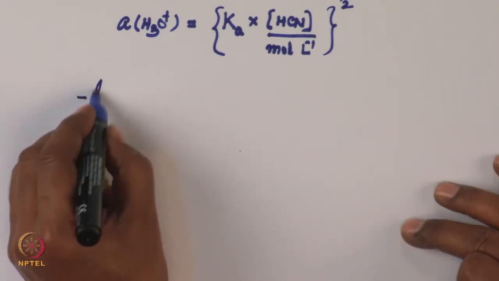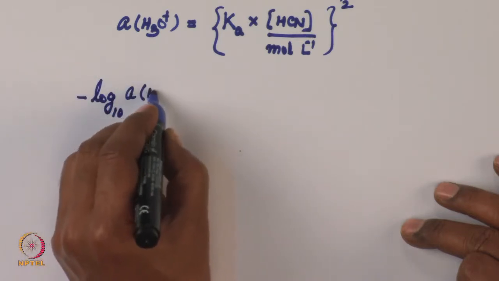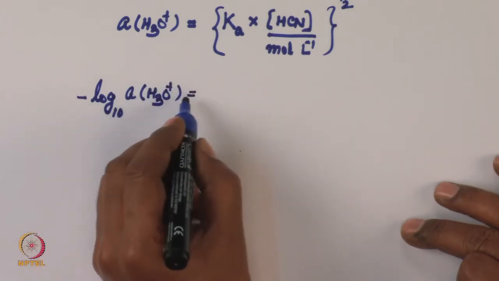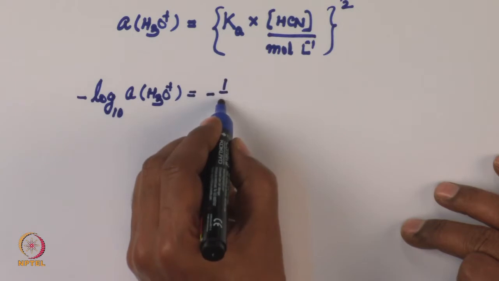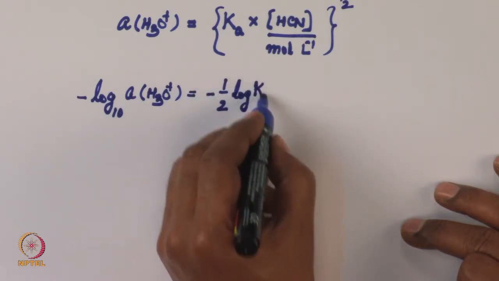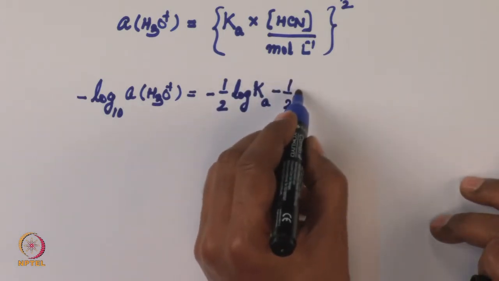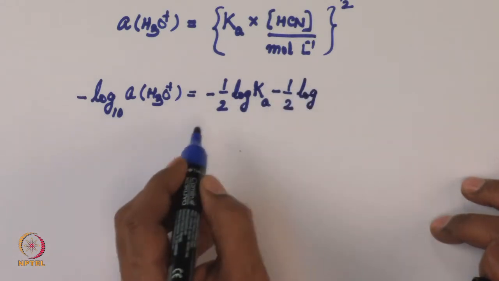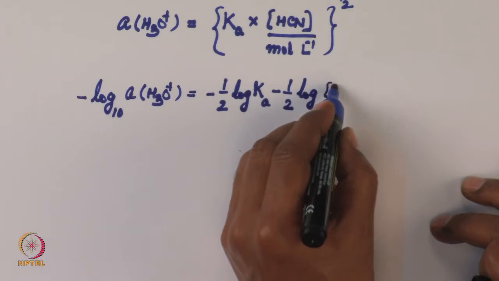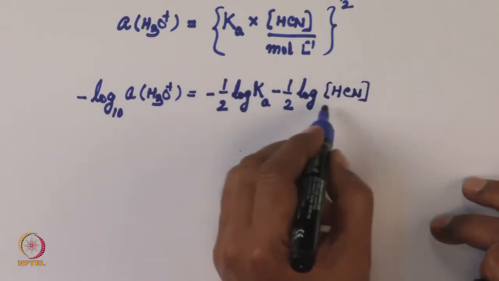So, let me directly use that: minus log 10 activity of H3O plus will be equal to minus 1/2 log Ka minus 1/2 log concentration of HCN, and of course, you divide by mole per liter.